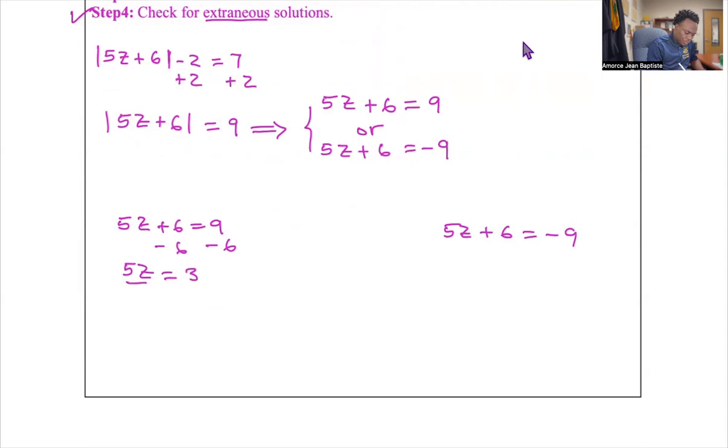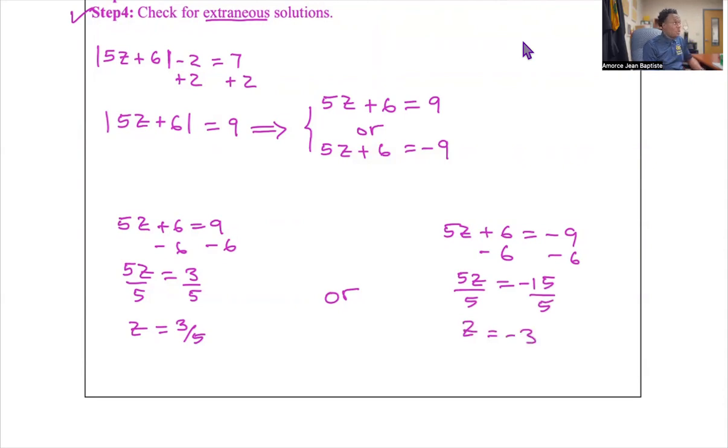Divide by 5. z equals 3/5. Or subtract 6, 5z equals -15. Divide by 5. z equals -3.